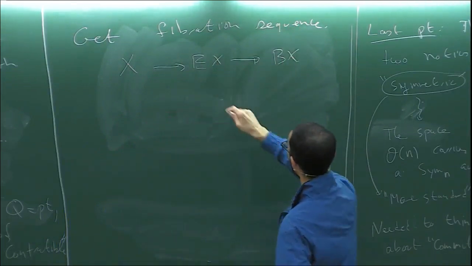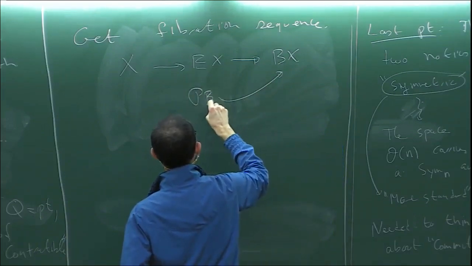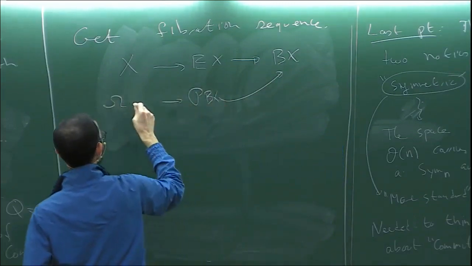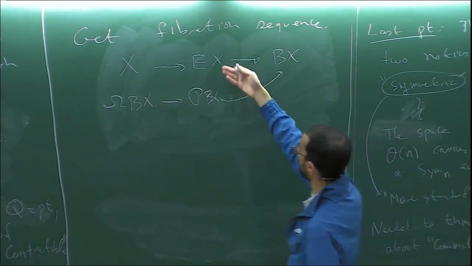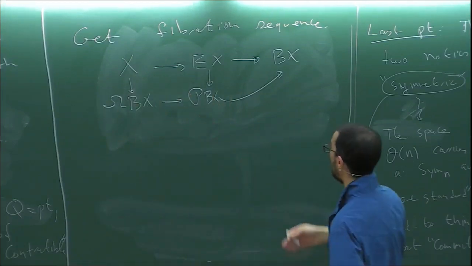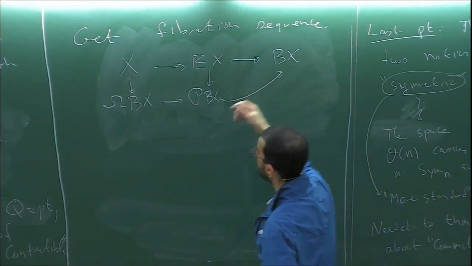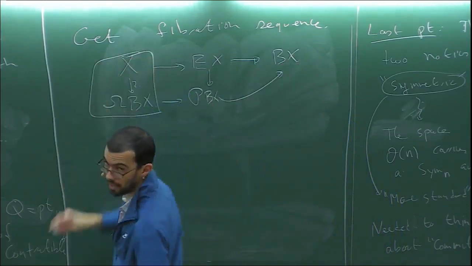But there's always a different fibration sequence, P, BX, loop BX. And then you use the fact that both of these are contractible to construct a map like this. These are both contractible, and this is a homotopy equivalence. And that's what you were looking for.